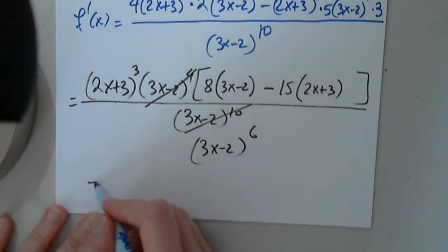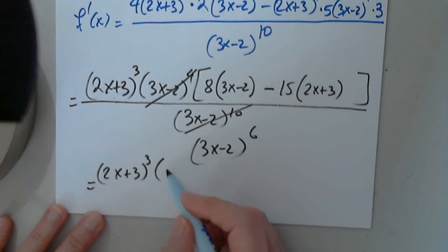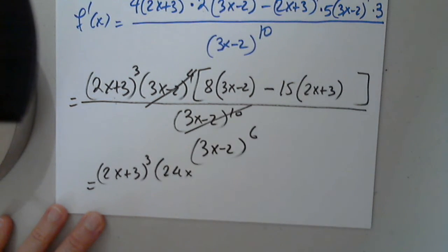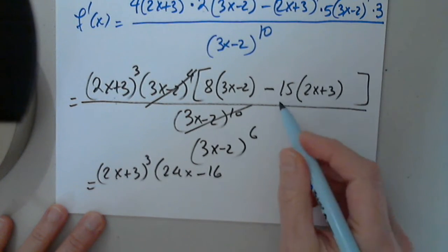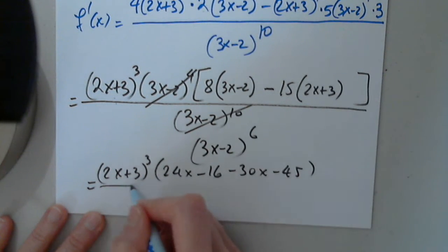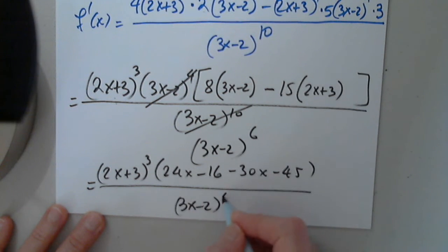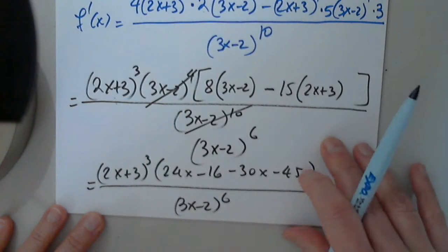Okay, so then I have 2x plus 3 to the third and 24x minus 16 minus 30x minus 45 over this. And the final step will be 24 minus 30 is negative 6x and then minus 61.